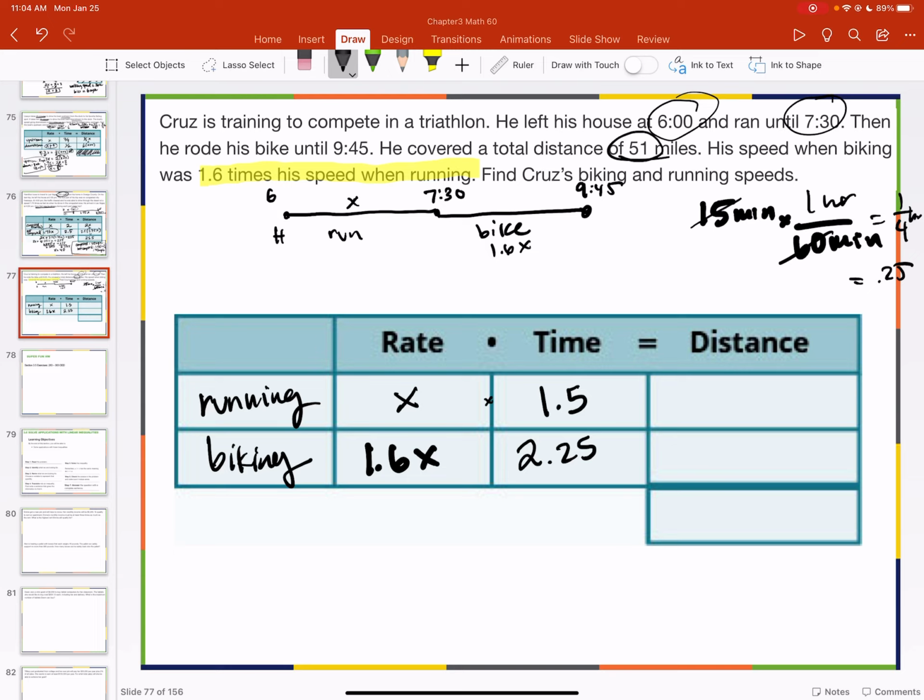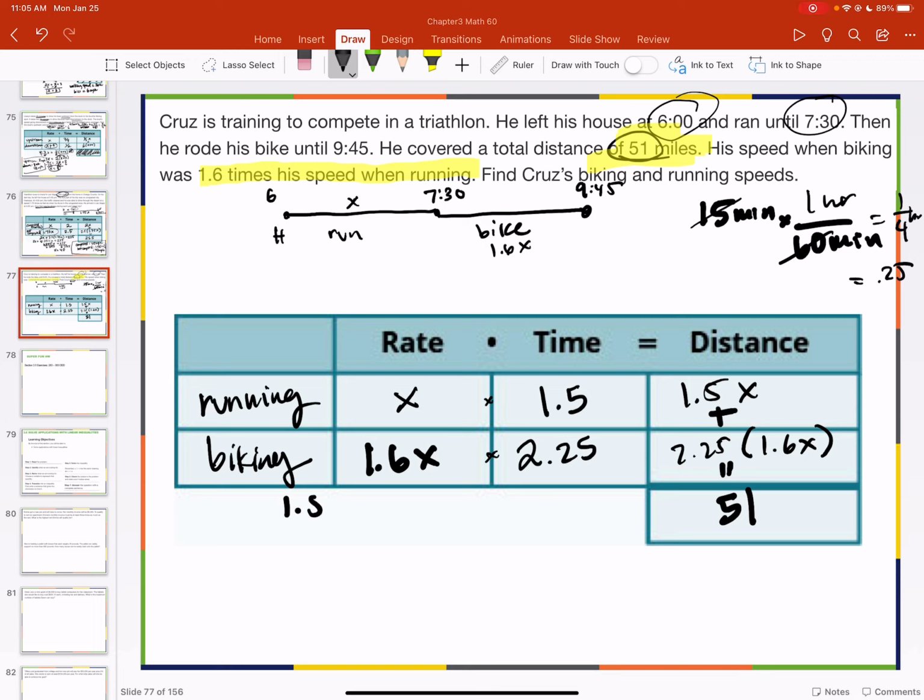Then we multiply across, so 1.5x, and then we have 2.25 times 1.6x. And then the last piece that they gave us is that he covered a total of 51 miles. So we know that if we add the two distances, it has to be equal to 51.